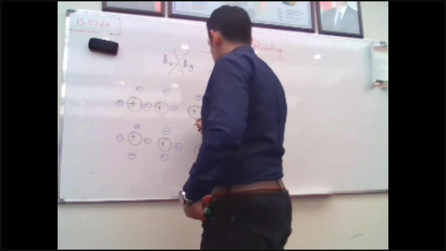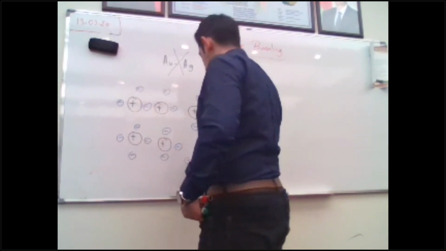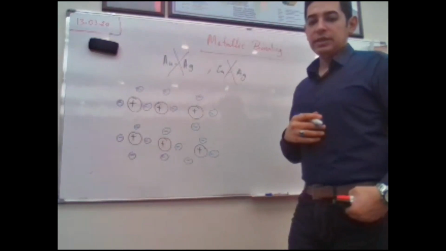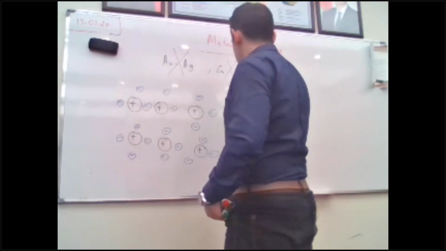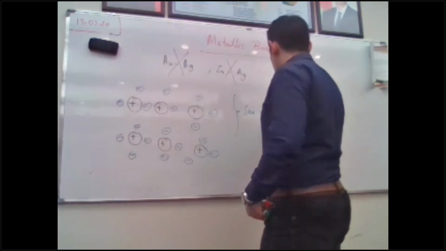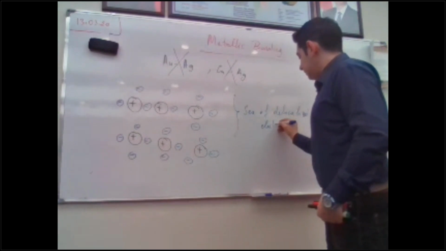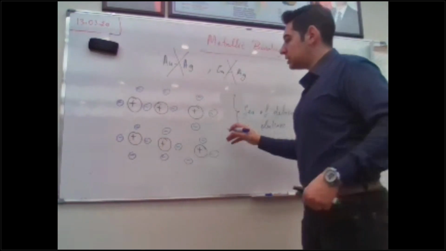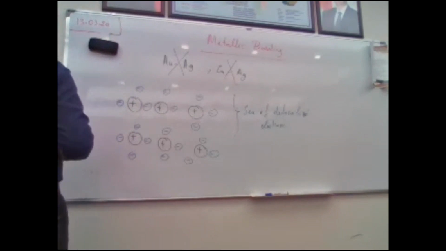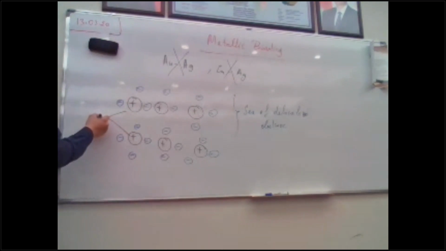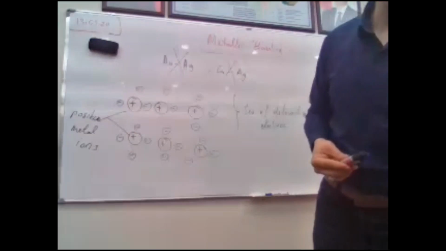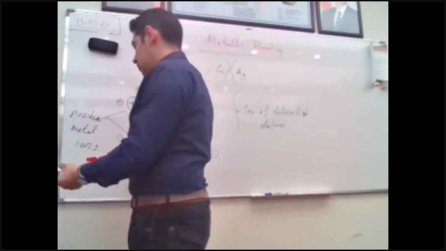So there will be a force of attraction between these positive metal ions and their delocalized electrons. We call it a sea of delocalized electrons and positive metal ions. So between these positive metal ions and the sea of delocalized electrons, there will be a strong force of attraction.